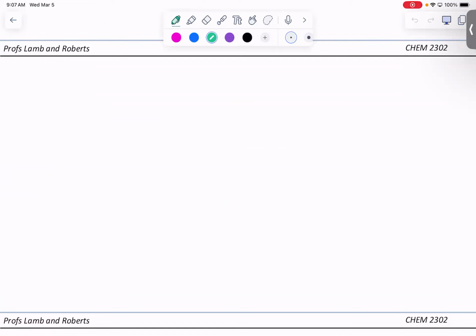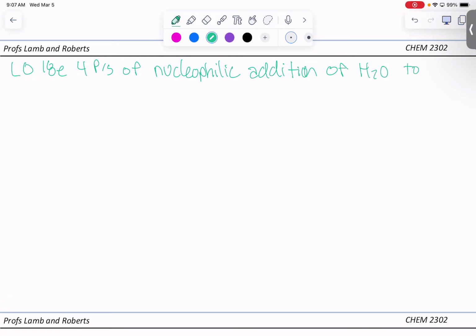So again, this chapter is about aldehydes and ketones, chapter 18. We're going to learn about the 4 P's. This is learning objective 18E, the 4 P's of nucleophilic addition of water to aldehydes and ketones. In this learning objective, water is going to act as our nucleophile, and aldehydes and ketones, as we discussed, are pretty good electrophiles.